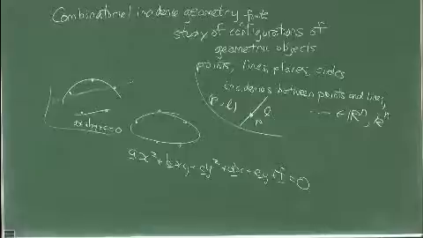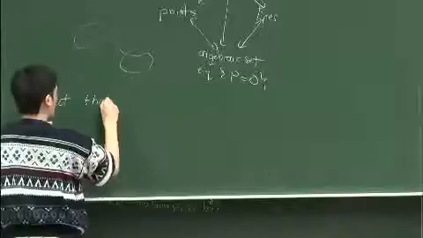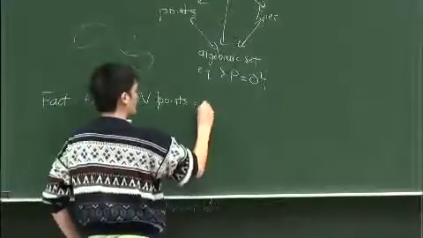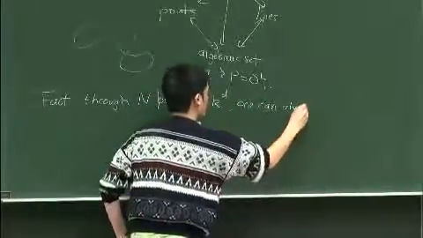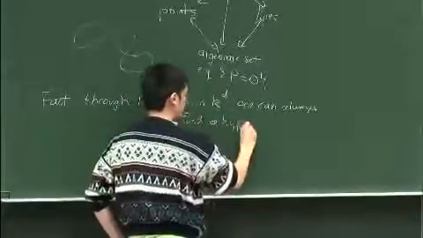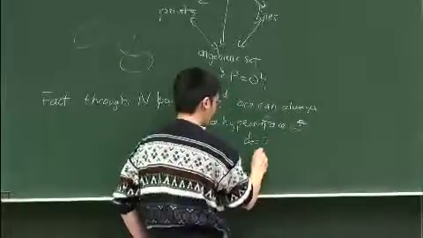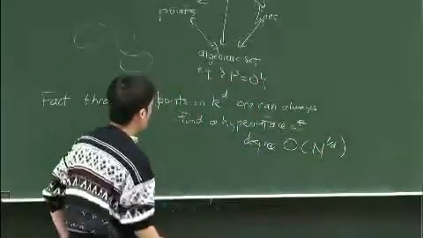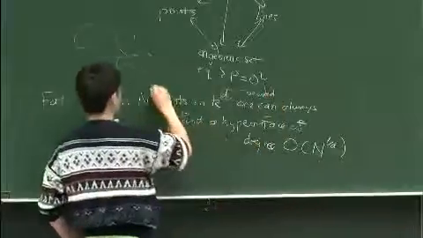And so more generally, just a basic fact: through n points in K^d, one can always find a hypersurface of degree about n^(1/d). So you should think of d as fixed, as bounded, and n is large. This is the case we really care about.